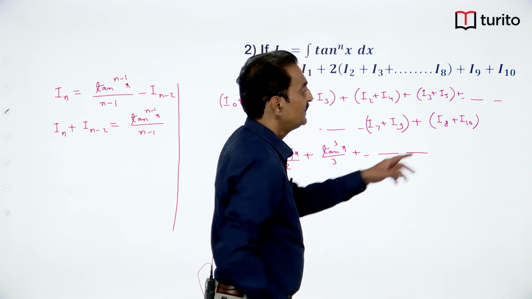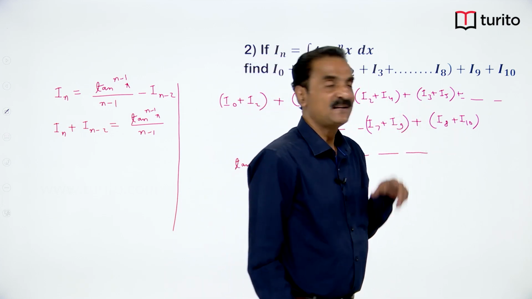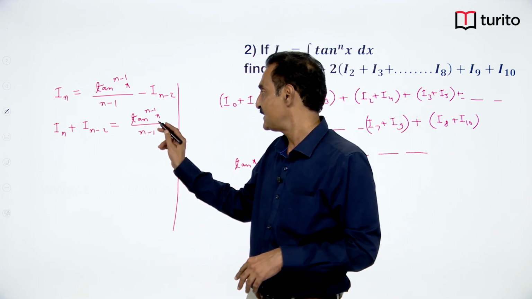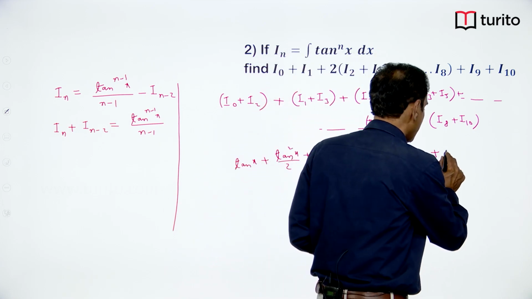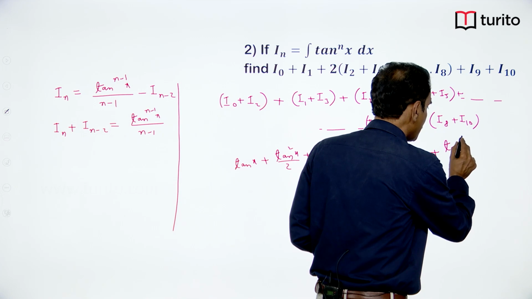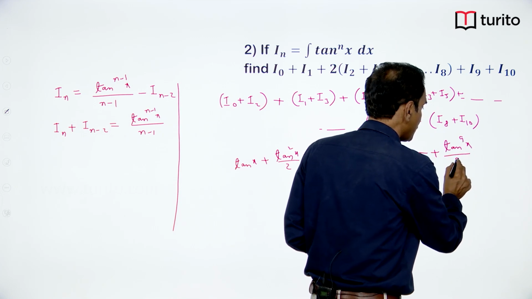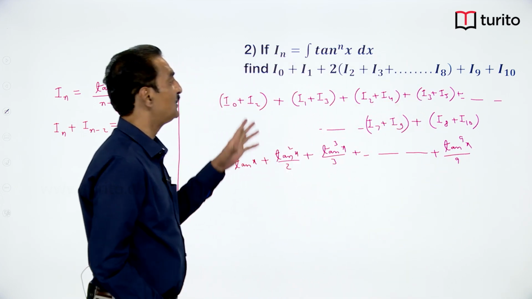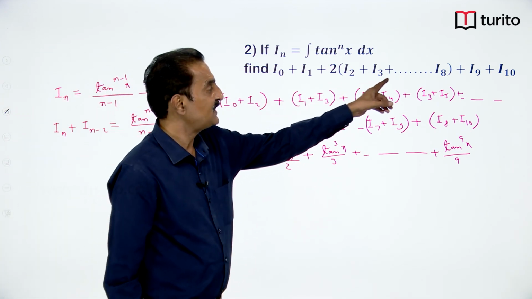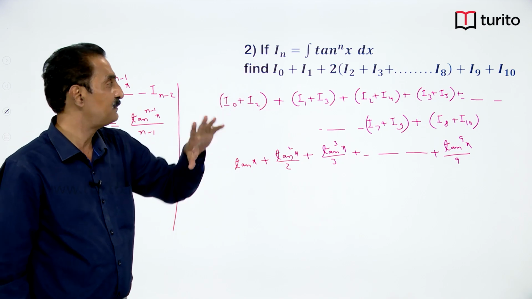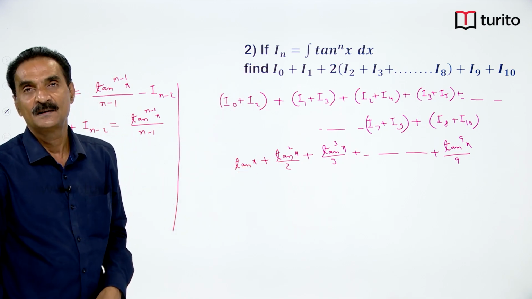And so on. In the last term, n is 10. If n is 10, it will be tan power 9 x by 9. So, this is the value of I0 plus I1 plus 2 into I2 plus I3 plus and so on I8 plus I9 plus I10. Okay.